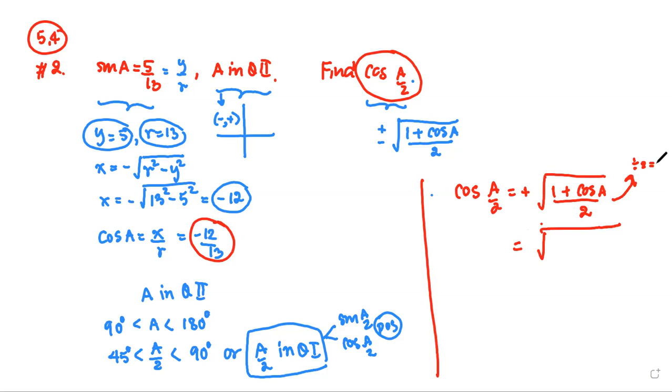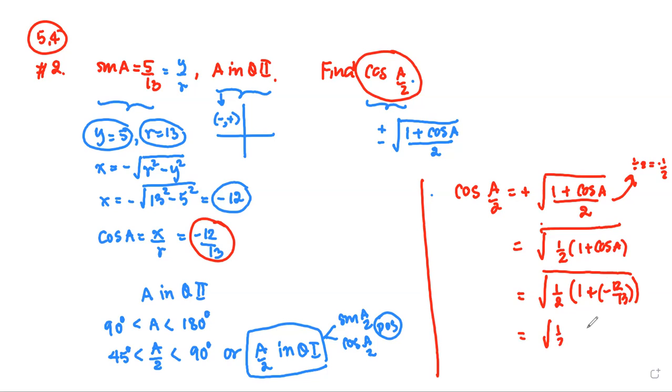Divided by 2 means multiply by 1 over 2, so I'm going to write it as the square root of 1/2 times the quantity 1 plus cosine A, where cosine is negative 12 over 13. That means we get 1/2 multiplied by 1 over 13, which is the square root of 1 over 26, or you can write it as 1 over square root of 26 as a result.